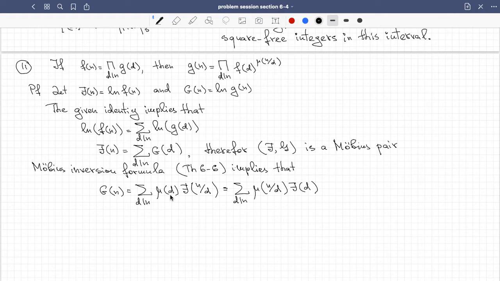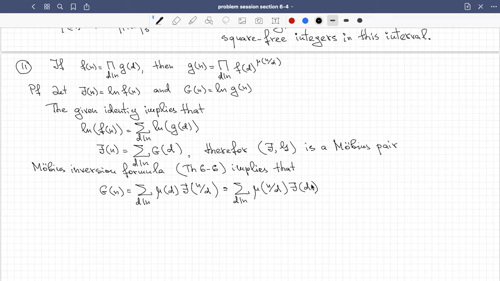In this formula, we just have mu of any divisor of n times f of the complementary one. Same is written here, mu of any divisor of n, f of the complementary divisor.